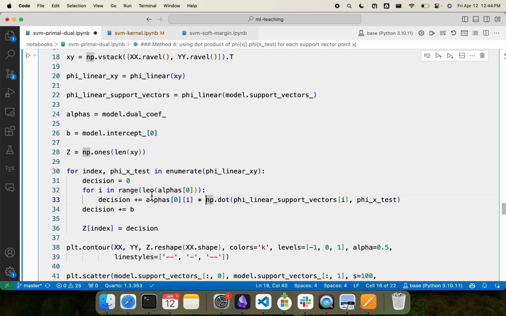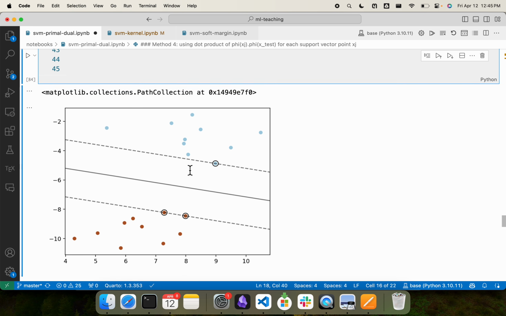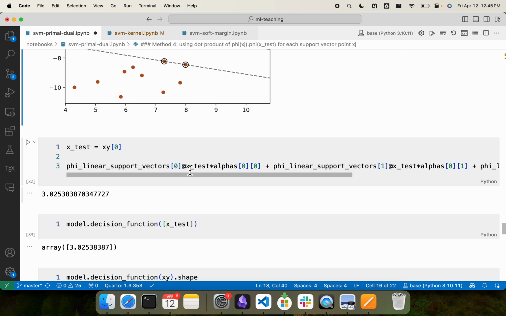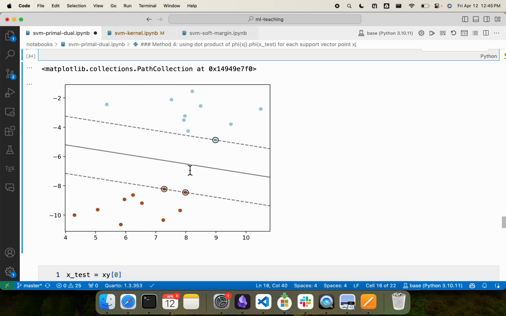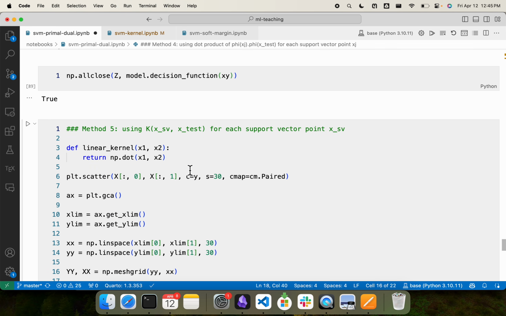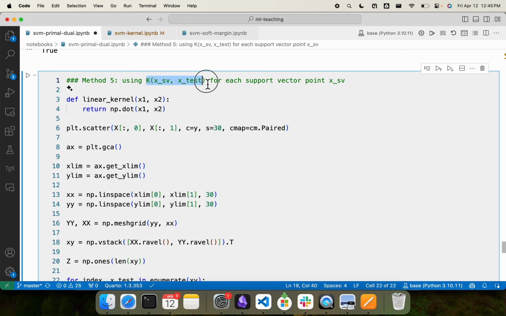Now instead of doing this phi of xi dot phi of x test, we can look at the fifth method, where I just use the kernel function. I use the linear kernel, where the linear kernel of x1 and x2 is just the dot product of x1 and x2, but we could have used any other kernel.